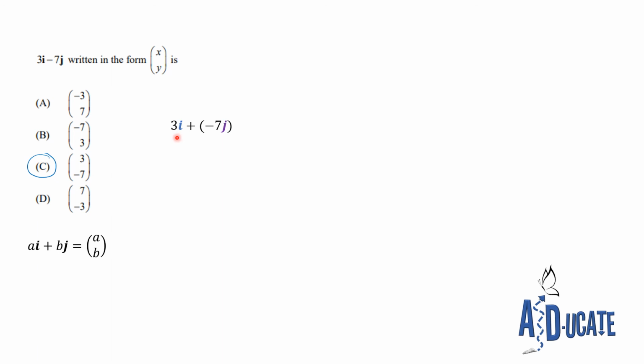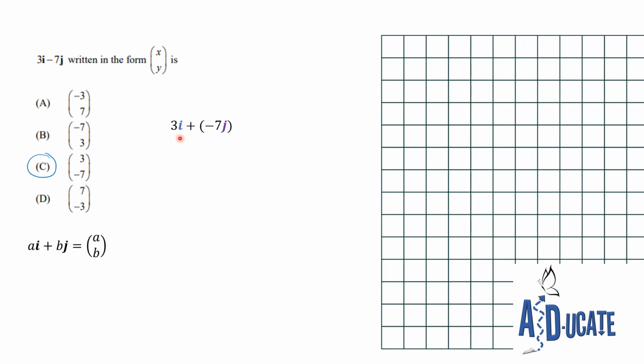What does that mean? So let's pull up our grid again, and the coefficient here is telling us that we have 3 groups of unit vectors and they're adding, right? So when vectors add, the head runs into the tail of another vector.